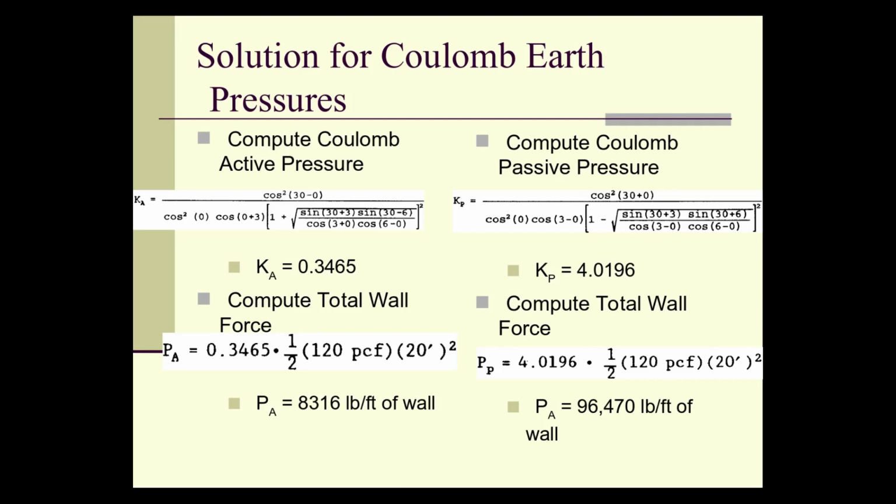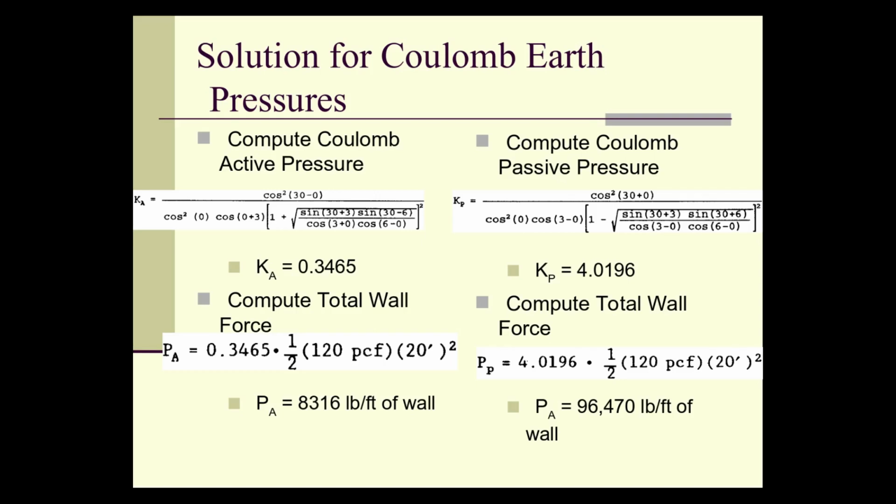Ka is equal to, and you just simply substitute into those equations, you plug and chug, you get a Ka of 0.3465. You compute the total wall force exactly. Once you've computed the Ka, the rest of the formula is the same as we talked about with Rankine. And you get Pa of 8316 pounds per foot of wall.